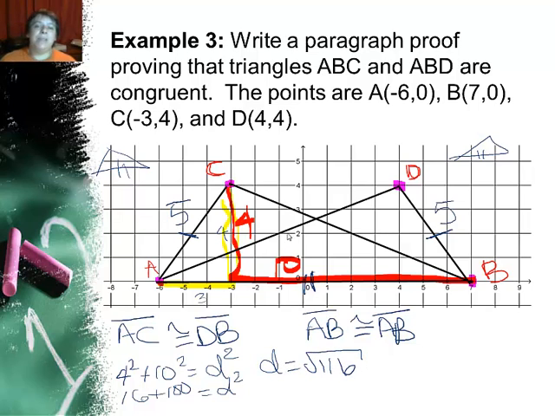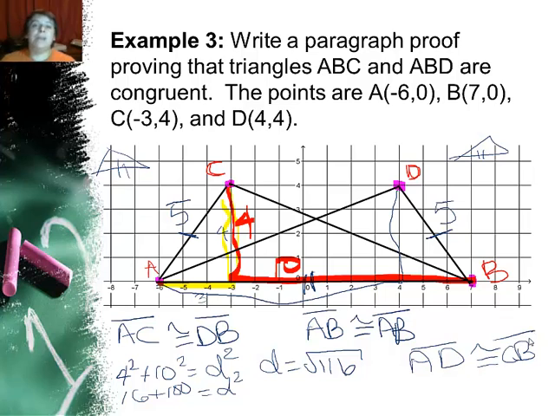Now, it's not really that big a deal that it didn't work out perfectly for me there, but see, if I measure the other length here, I'm going to have a height of 4 and a length of 10 too. So I know that AD is congruent to CB.